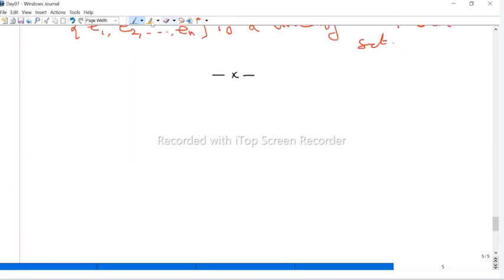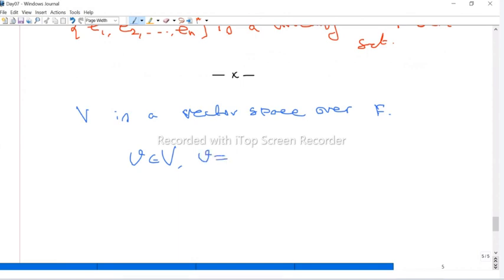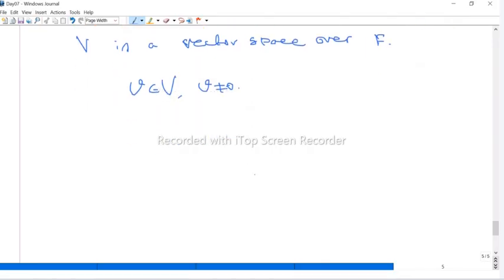Suppose V is a vector space over the field F. Suppose you take some small v, an element of capital V, and v is a non-zero element. Now we can find another subspace, because capital V itself is a subspace. So we can find another subspace contained in V. That is called the span of v.